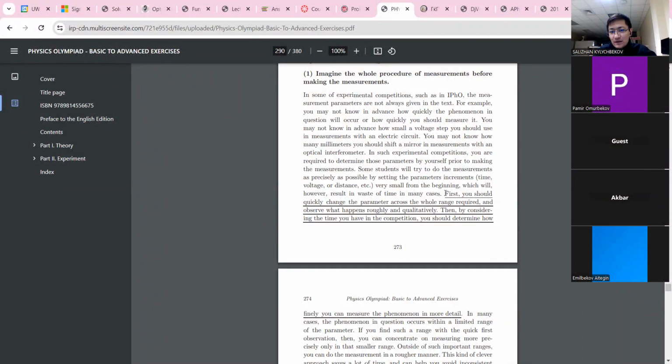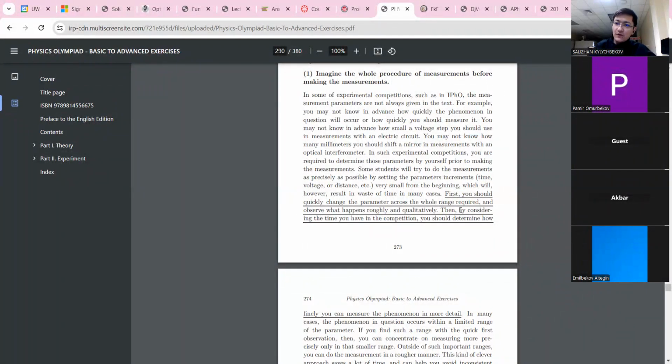So if you initially bog down in details, you will lose a lot of time. So instead, you should quickly go through the whole range and then see what kind of pattern is observed. Like at some point, maybe the value is getting opposite sign, you know, or some zero transition is happening. So you quickly see that, and then based on that, you designate the data points, you know.